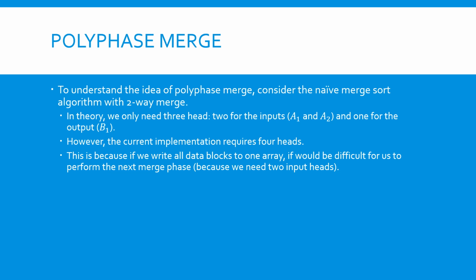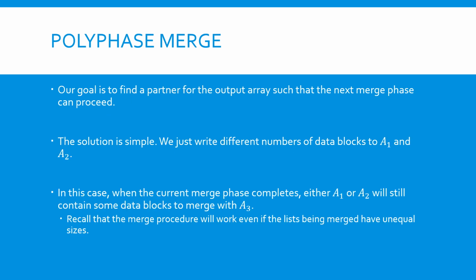This is because after merging 2 arrays into one, the sole array has no partner to merge with in the next phase. Therefore, we need to write outputs to 2 arrays, such that in the next phase, we still have 2 arrays to merge. So, our goal becomes finding a partner for the output array such that they can be merged in the next merging phase. And we have to do that with only 3 heads.